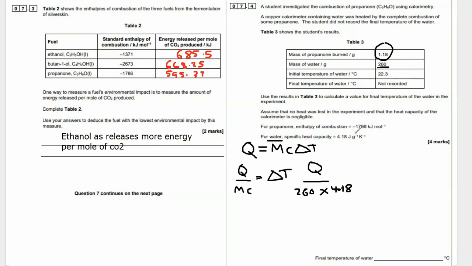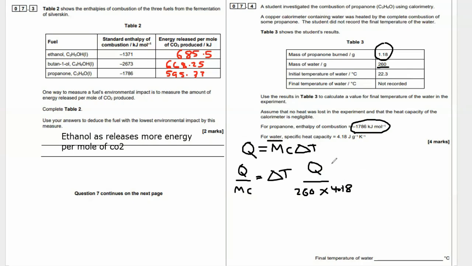Now what we need to do is reconvert this from minus 1786 kilojoules per mole. We need to get this just back into joules. So we need to get rid of the moles and then get rid of the kilojoules so that we just have it in joules, and then we'll know what Q is.